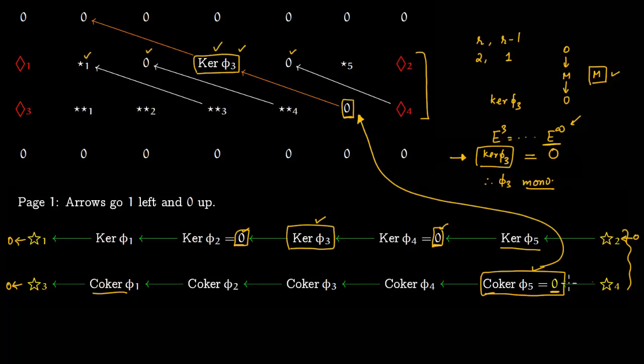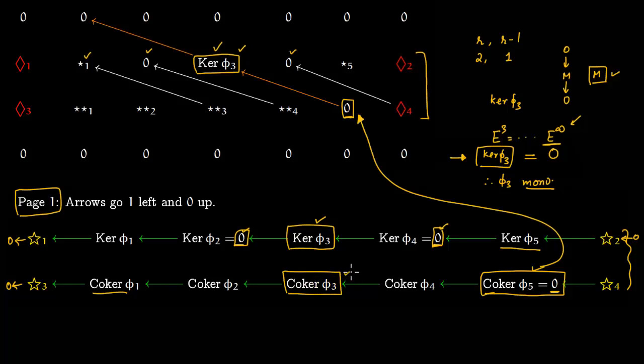So there are other versions of 5 lemma also, but what you need to do is you just have to draw this diagram. Just draw this page 1, and then see which places you have to put zeros to make sure what condition you have. So there's another 5 lemma version which puts a condition on co-kernel of phi 3, that is phi 3 is an epimorphism. So for this to happen, you can immediately say what you have to do.